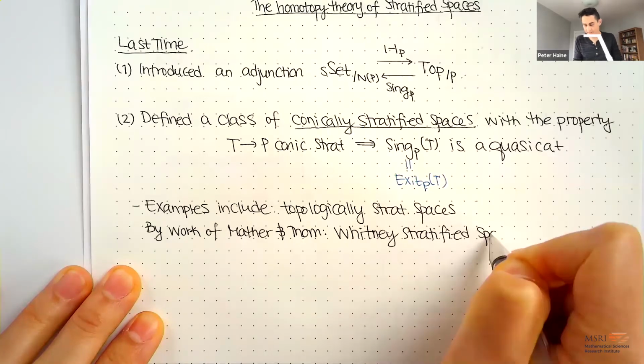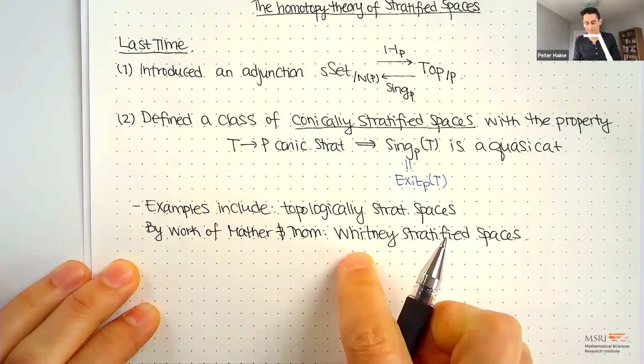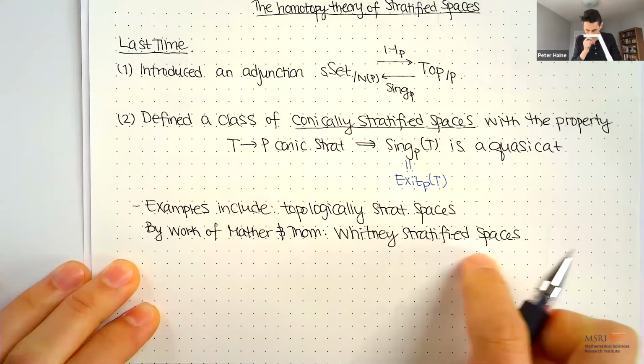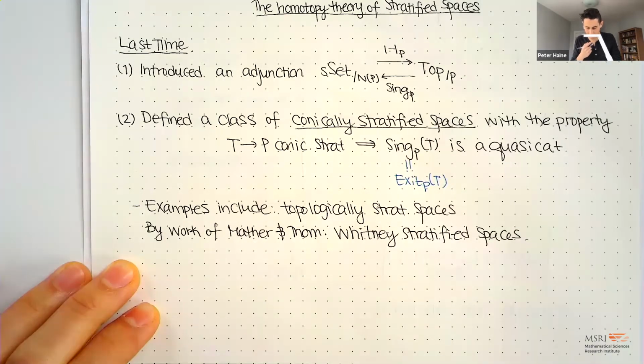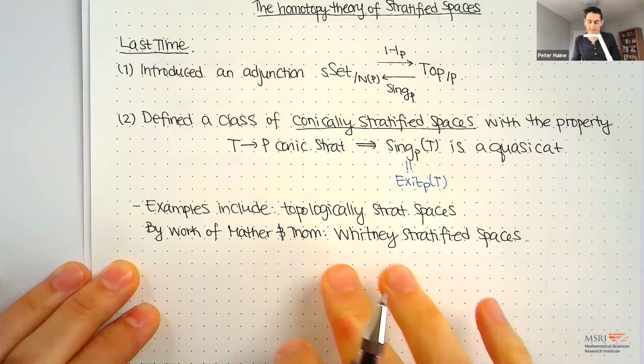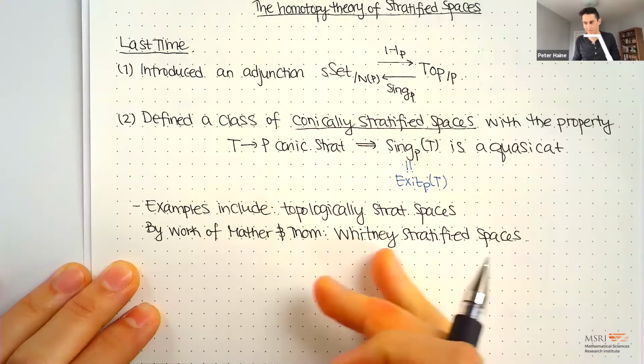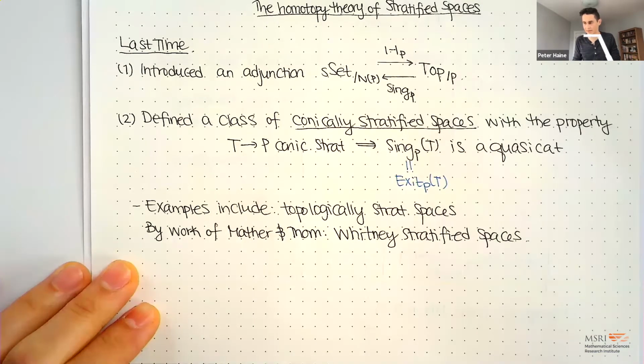I don't really want to go into what this is. It's an analytic condition that Whitney talked about, and I think probably David will talk a bit more about these sorts of regularity conditions. But basically it's somehow the most classical example of stratified spaces that people considered.